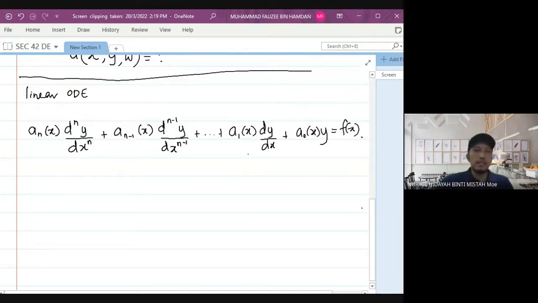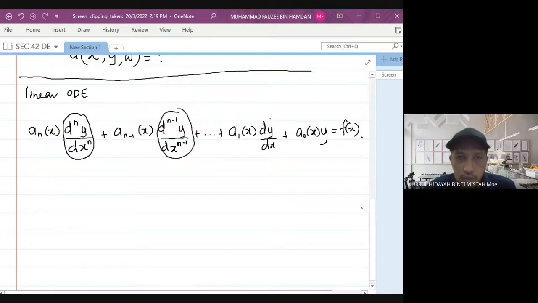So this is a linear ODE. How do we identify whether it is linear or not? Check on what I circled here: the differential coefficients, and also this y.